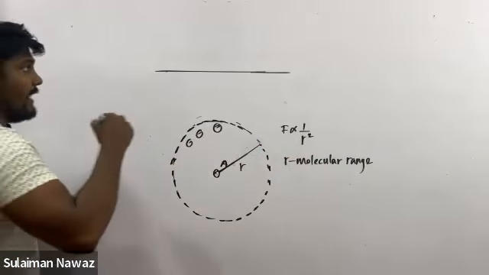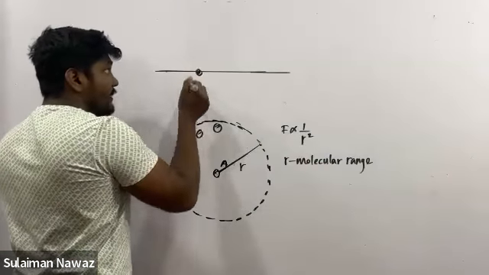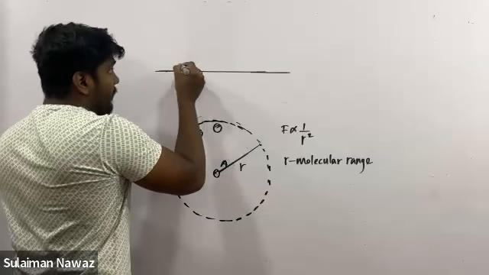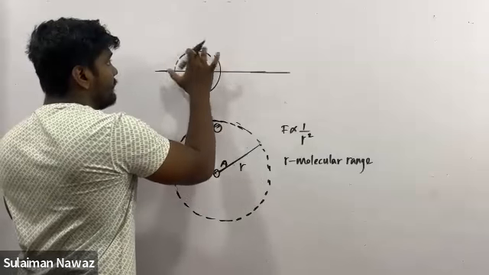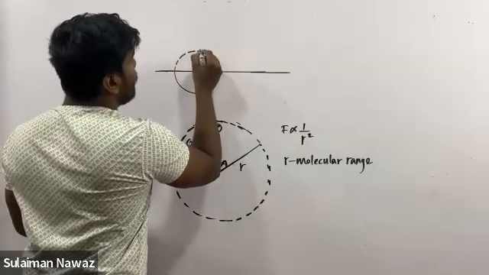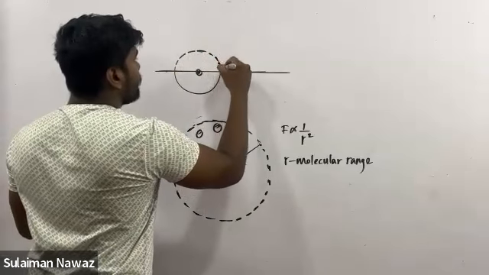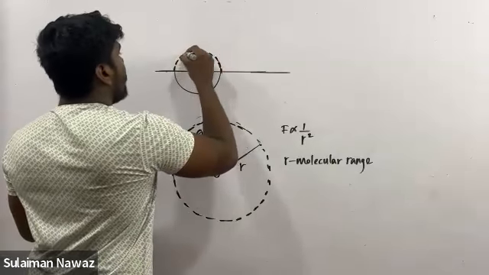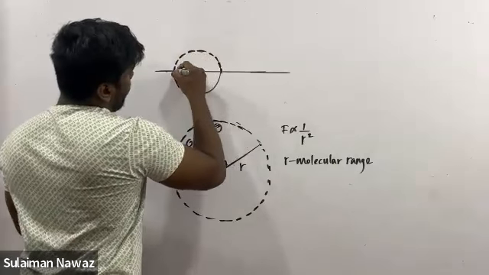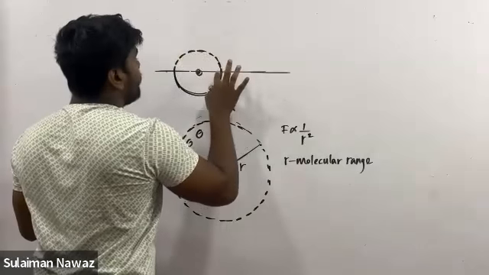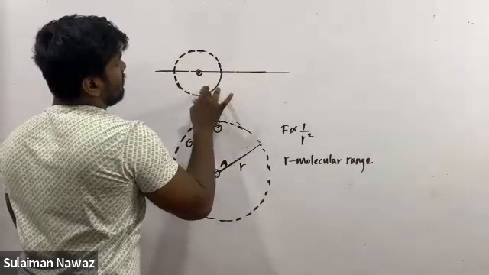But you want to understand, if I select a particle closer to the liquid surface, I told you that if I draw the sphere of influence of this liquid particle, then we can say that it's not a perfect sphere.